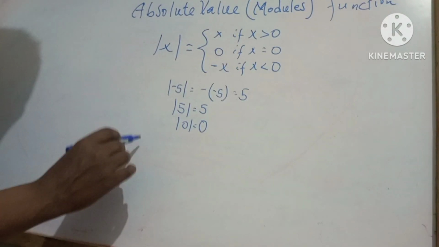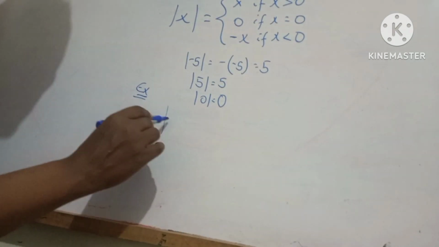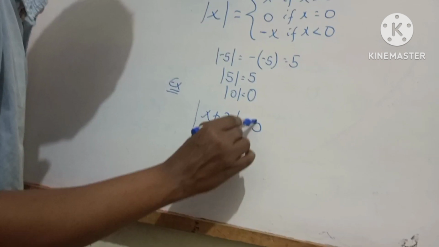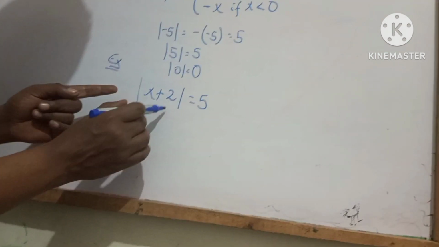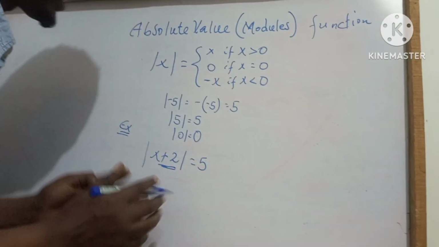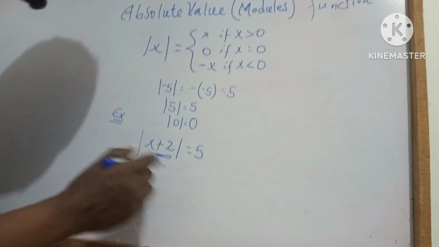So if we take this function, for example, the absolute value of x plus 2 is equal to 5. x plus 2 means this x plus 2 should be 5, or x plus 2 should be negative 5. If this is negative 5, we get 5. If this is 5, we get 5.